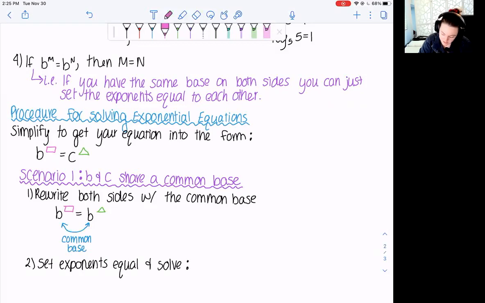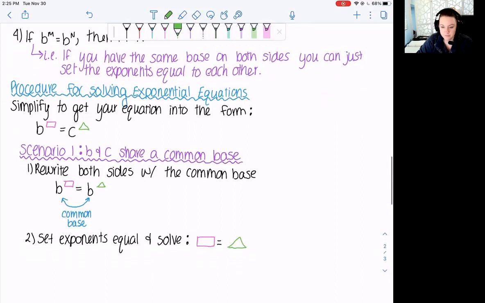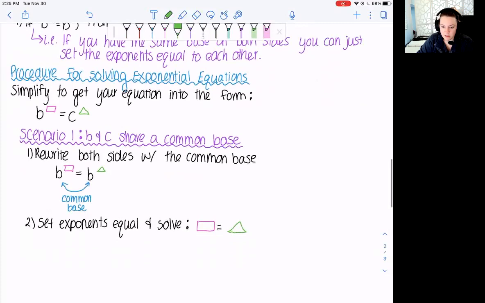Whatever was the exponent on the left side, you'll set equal to whatever the exponent was on the right side. Okay, so that's where b and c share a common base. Scenario 2, they don't share a common base.